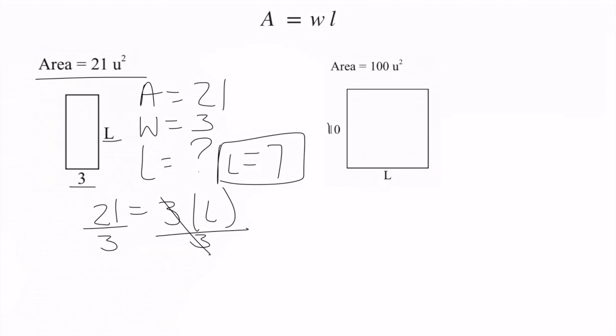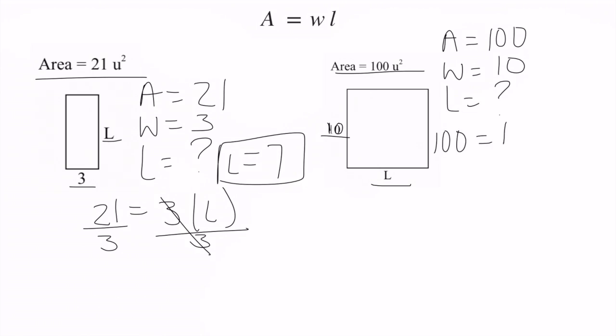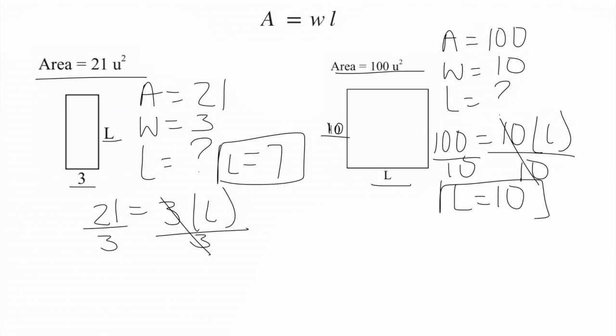Last one, we have 10 for our width, unknown length, and here's our area. So our area is 100, width of 10, and an unknown length. So 100 equals 10 L. Divide by 10 on both sides. L is going to give us 10.